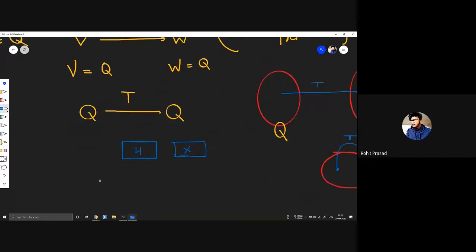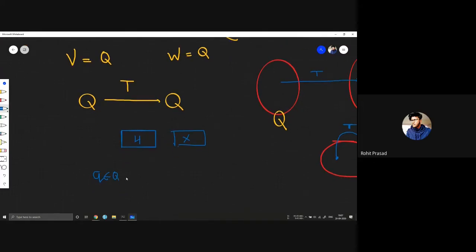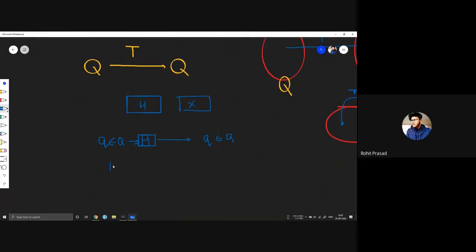It takes an input state that belongs to this Q, and takes this state to another state that also belongs to Q, right? Let's say initially we started with 0. What does H do? It takes it to plus, right? So H is also a transformation from Q to Q.